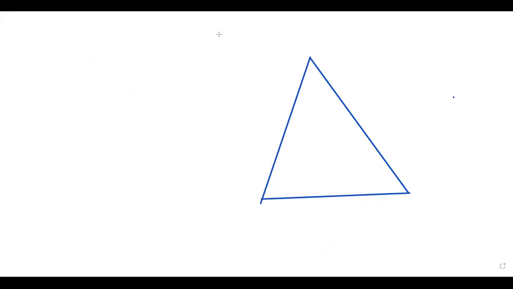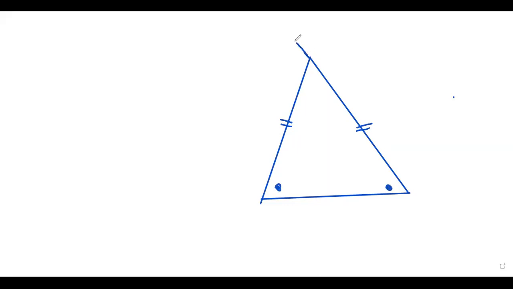If we have a triangle like this one, I'm going to draw an isosceles triangle. This triangle is an isosceles triangle. As you see, this side is equal to this side, so this angle will be equal to this angle.